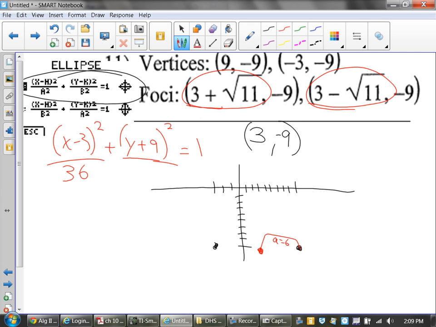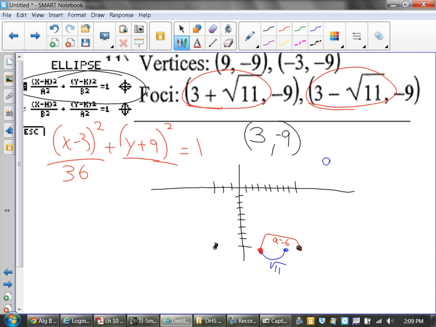What did they do to the 3 value for the focus? Very good. They add and subtract the square root of 11. That means that the distance from the center to the focus was the square root of 11. Therefore, what is c equal to? c is the square root of 11.